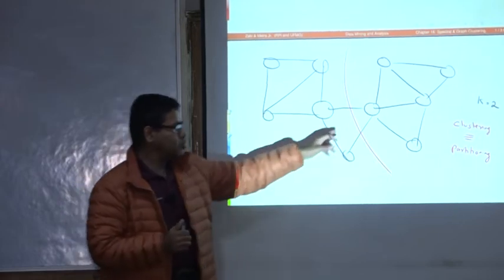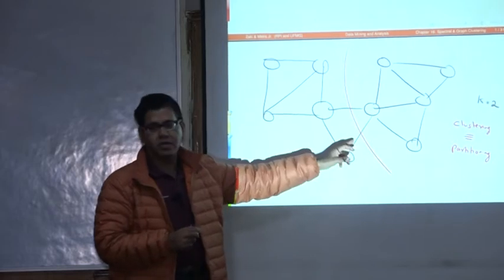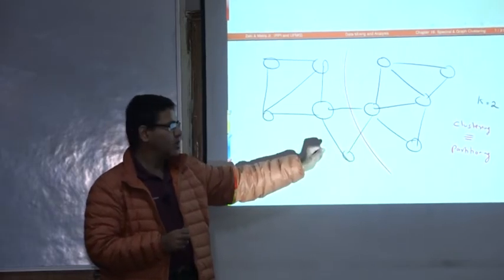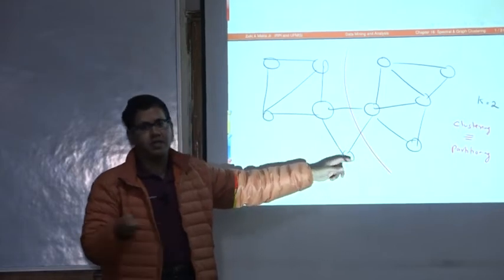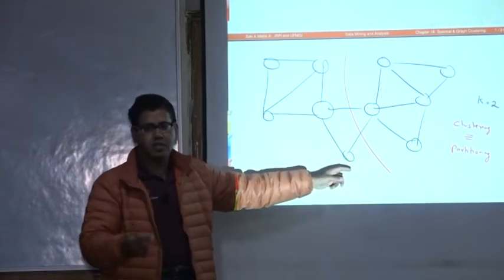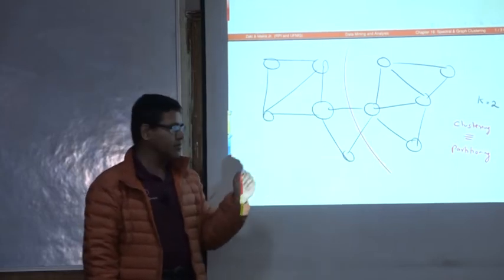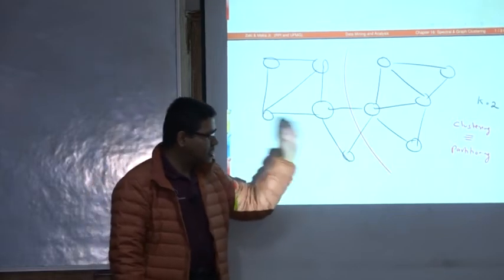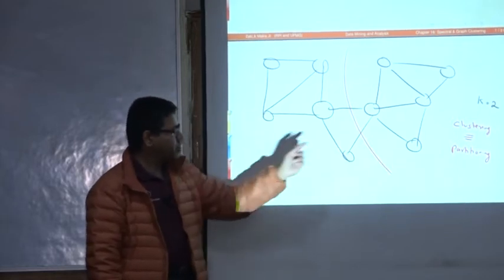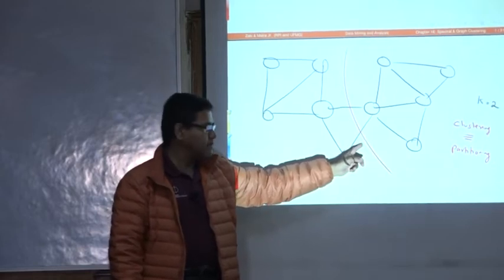Again, you want to minimize, so this is the classic graph partitioning approach, where you just say minimize the edge cut. This is a very classic notion of minimum cuts. So you could think of graph clustering in that sense, that I'm going to do an edge cut and try to minimize the weights on those edges.